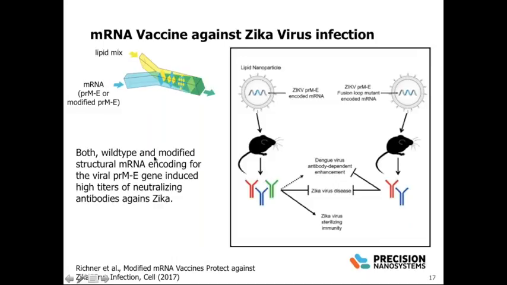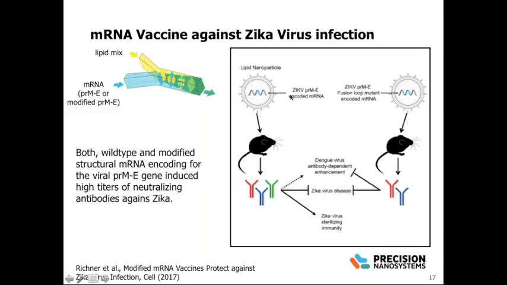And one thing to know about Zika vaccines is that there is a high concern that it triggers so-called antibody-dependent enhancement of dengue infections. What that means is that if a person is vaccinated with the Zika vaccine, this may actually trigger a higher response to a dengue virus infection, which could be lethal.